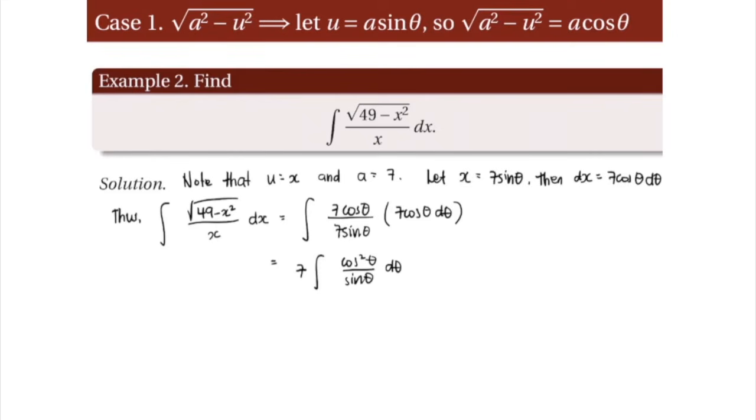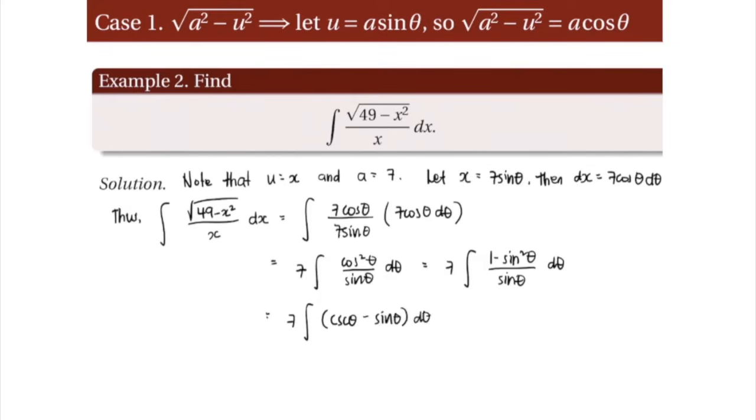For this case, si cosine squared theta, again, for us to integrate this expression, isusulat natin siya in terms of sine. So we have here 7, integral ng 1 minus sine squared theta all over sine theta d theta. And so this is equal now to 7 times the antiderivative of 1 over sine theta is cosecant theta minus sine squared theta over sine theta is sine theta d theta.